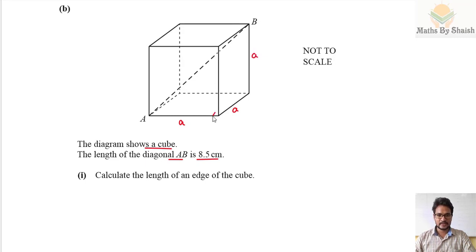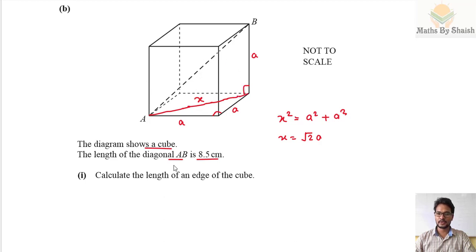And since again it is a cube, the angle between these two sides of the base is going to be 90 degree. So we can talk about this triangle, and in this triangle we can take the side length as x. So by Pythagoras theorem, x square is a square plus a square, means x is going to be root 2 a. And again we can see the angle between this edge and the diagonal of the base is going to be 90 degree.